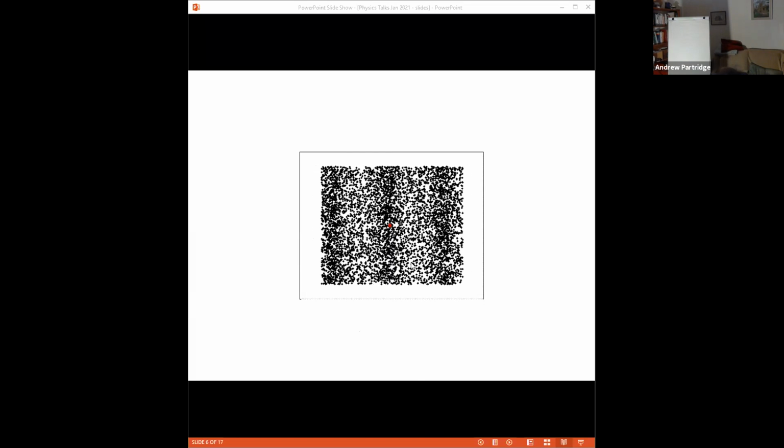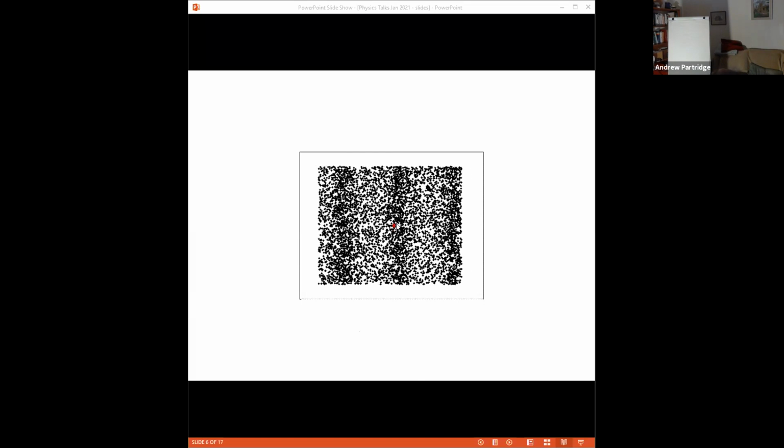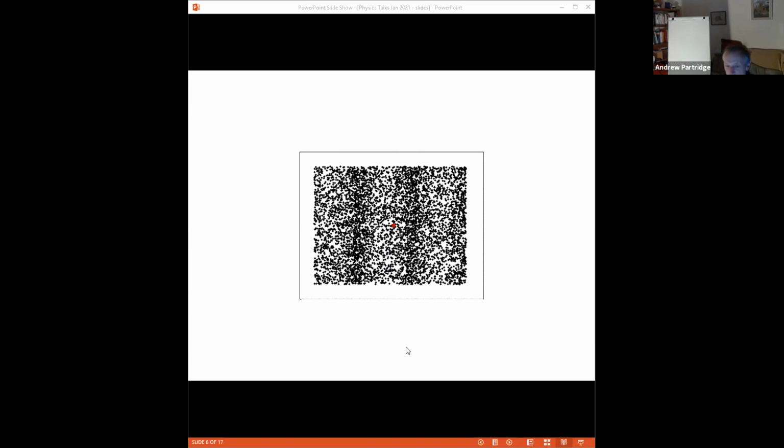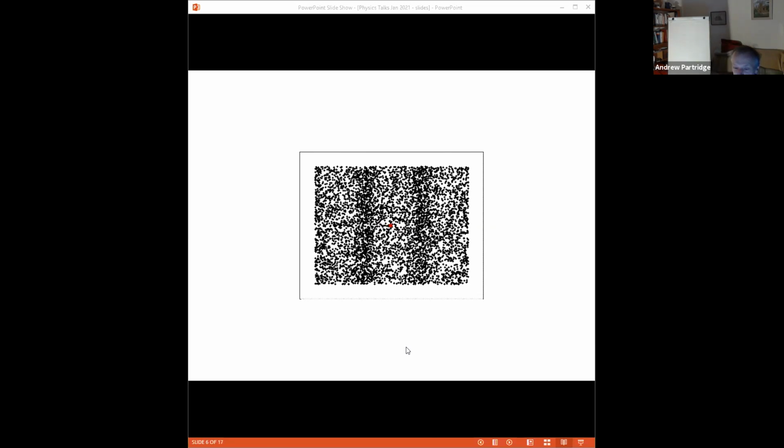I hope people on the phone can see it, but there's a little red spot in the middle, which is just going backwards and forwards like that. And all of them are doing that. And that is what's creating this rippling of regions of high pressure where the dots are closer together and regions of low pressure. And that's what a sound wave looks like.